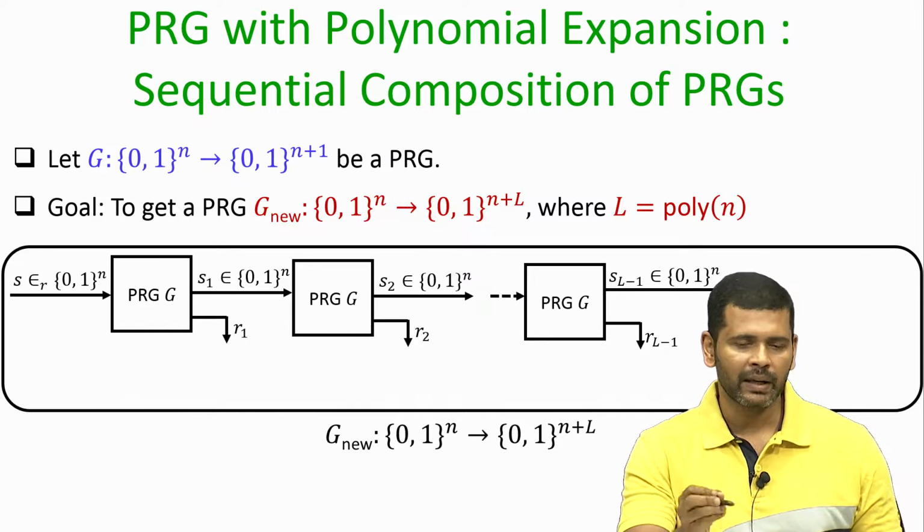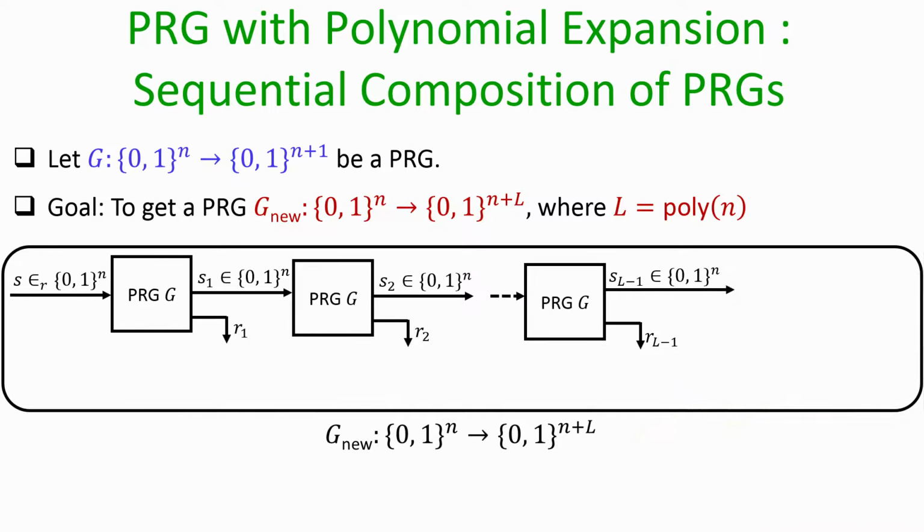And now I keep on doing this process repeatedly, one after the other, L number of times, and the final invocation of the PRG will be on the output produced by the second last invocation, namely SL minus 1, and it produces an output of length n plus 1 bits, which again we parse as RL comma SL.